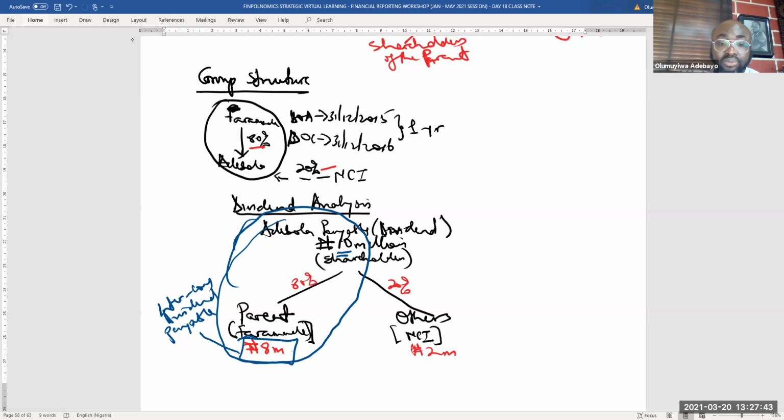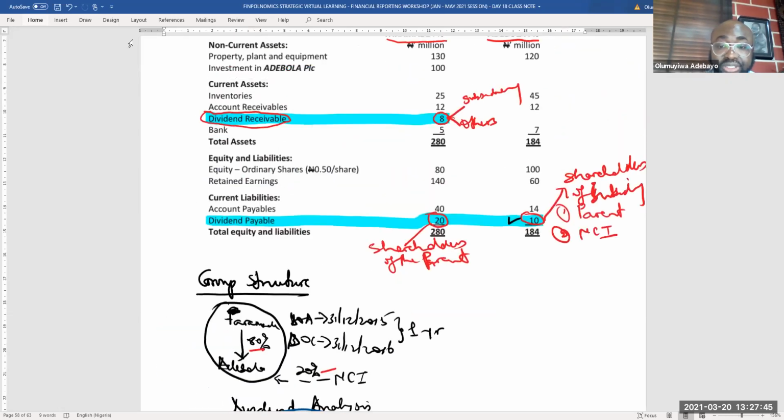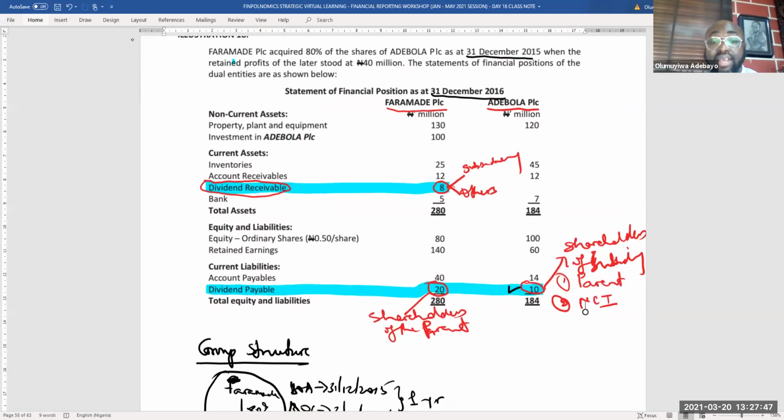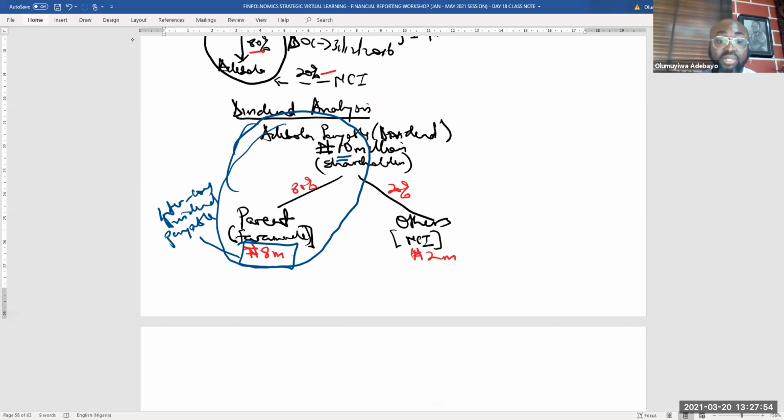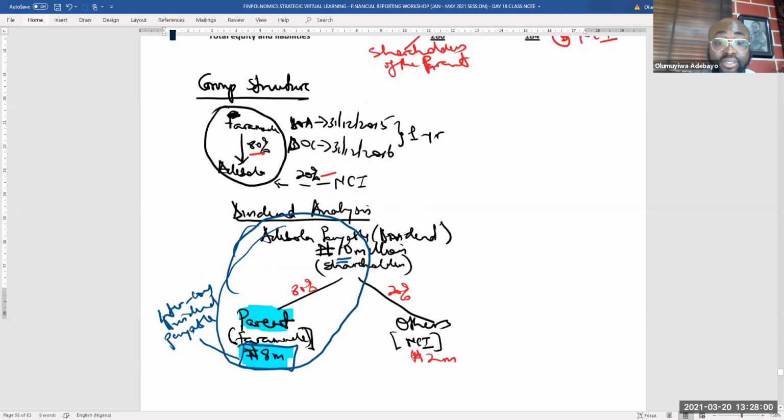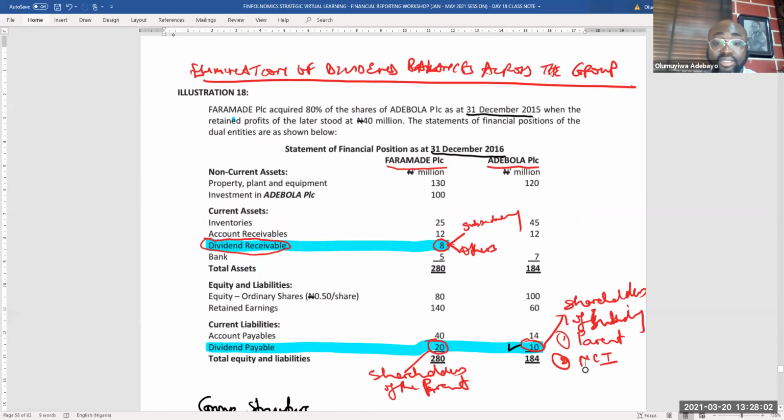Therefore, let's go back to our balance sheet. What we have here is 8, which explains the 8 million that was already recognized in the balance sheet.